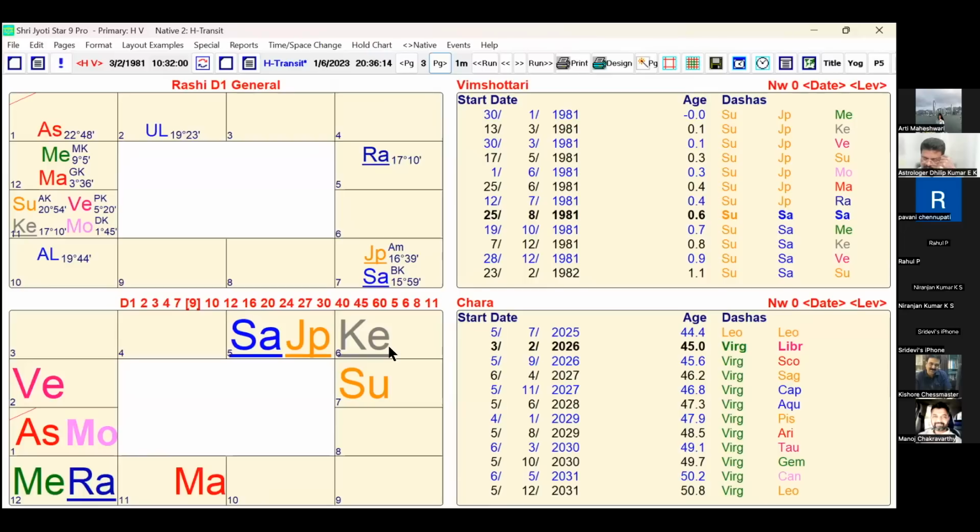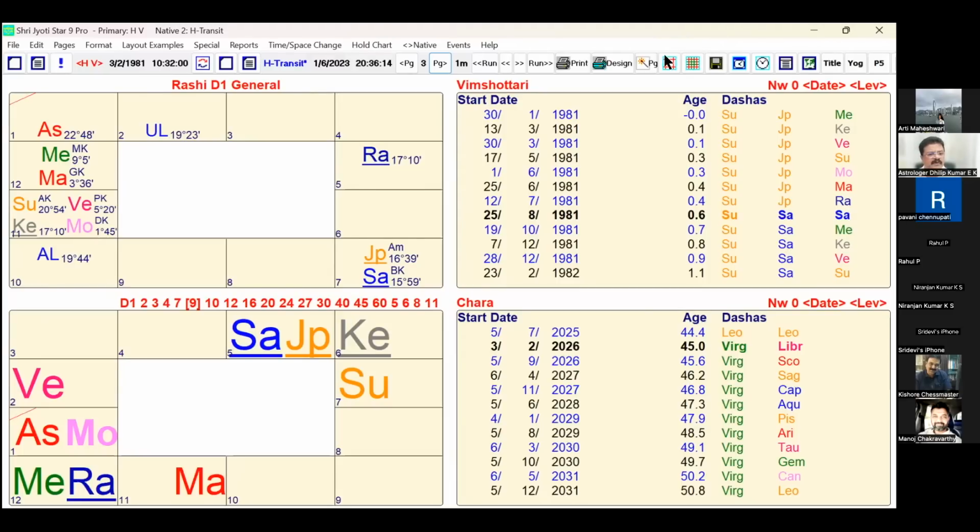But I'm just waiting for one particular point about this corner. Wait, I have to check the... Girish is asking for the location.